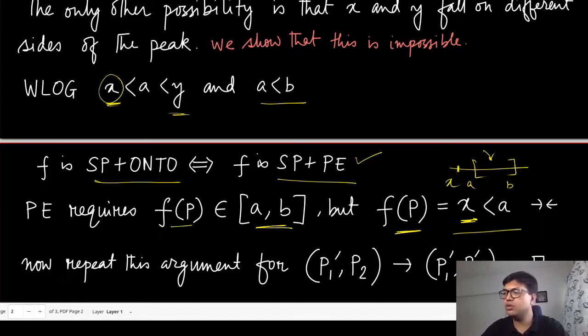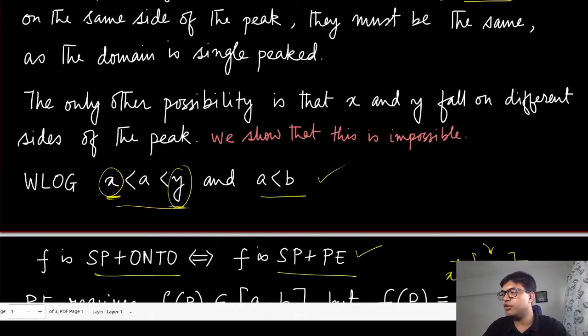You can look at the other cases as well. If B was less than A, or something else was true, there should always be some outcome of this social choice function which is living outside that interval, and we will have a contradiction to Pareto efficiency. Now that is for one transition.